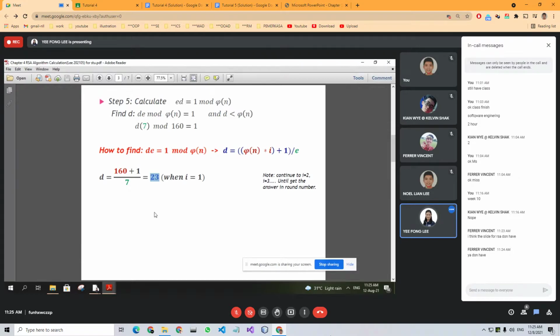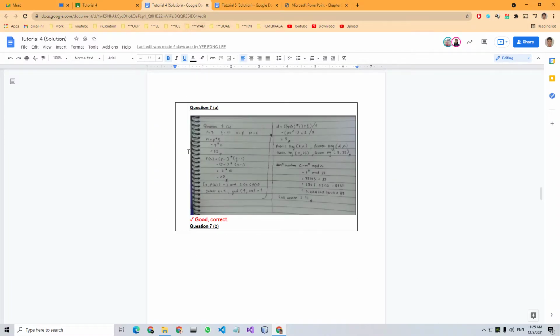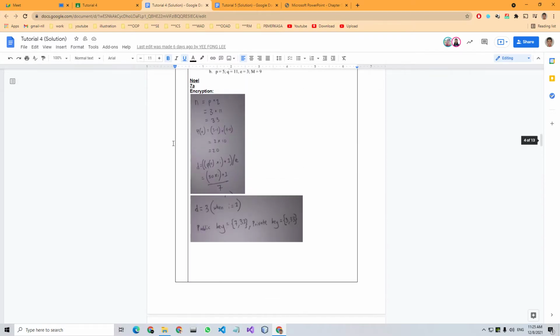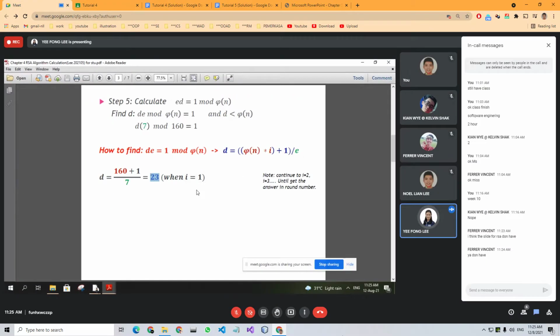We need to proceed with this until we get the round number, if and only if the replacement of i is a small number.